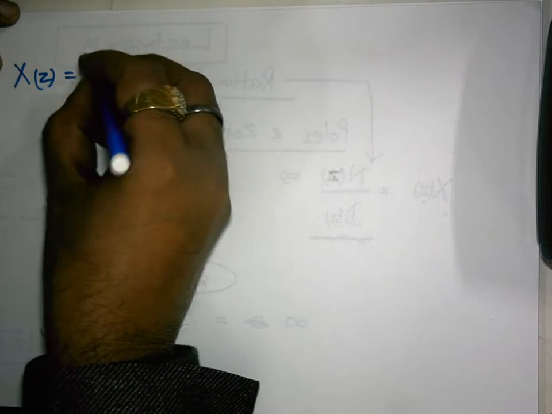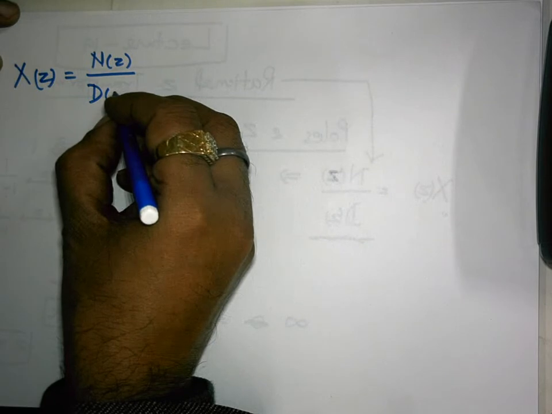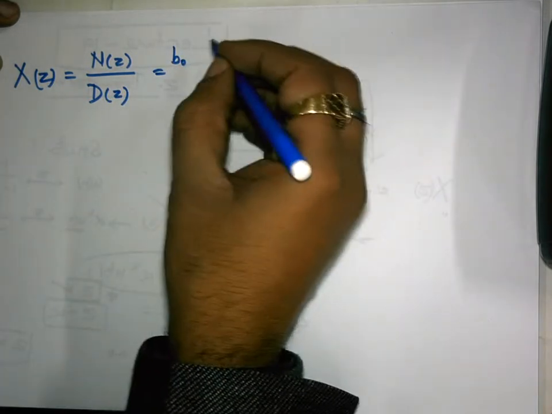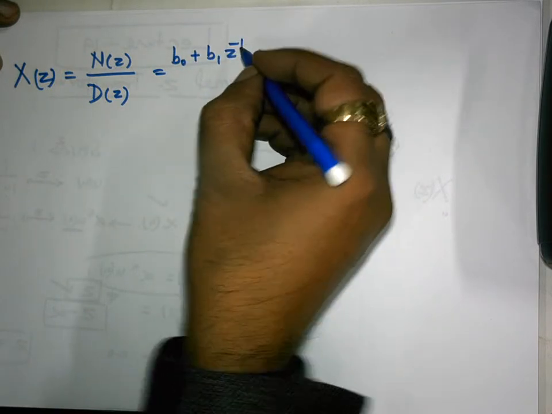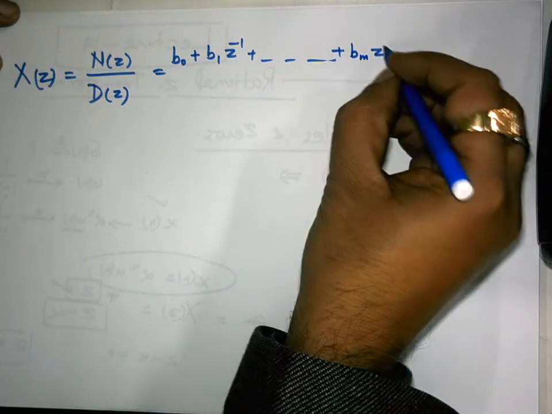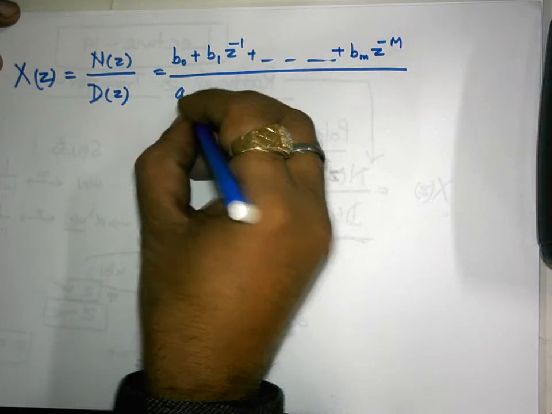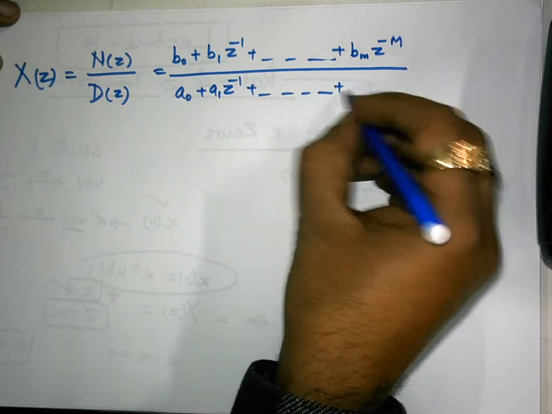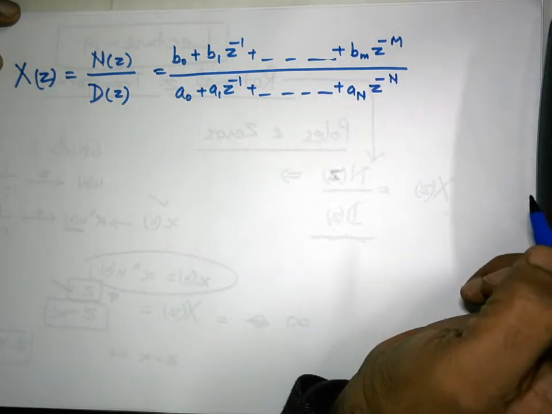A z transform is expressed as a numerator polynomial in z and a denominator polynomial in z, and in its expanded form it can be written as b0 plus b1 z to the power minus 1, going this way up to bm z to the power minus m, over a0 plus a1 z to the power minus 1, going this way up to an z to the power minus n.